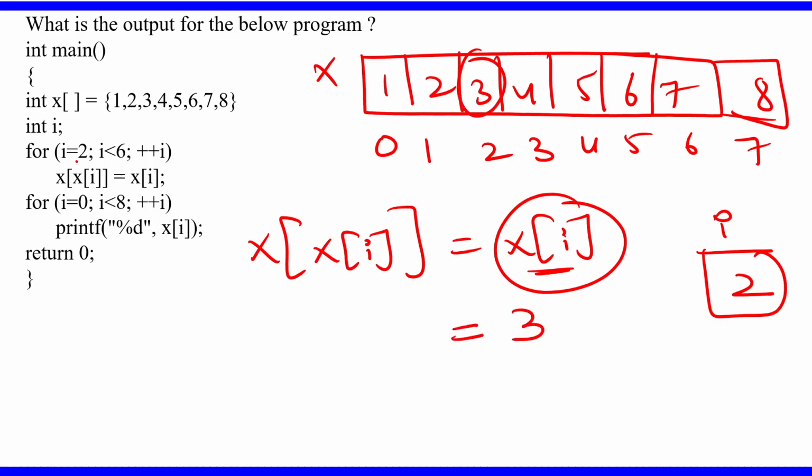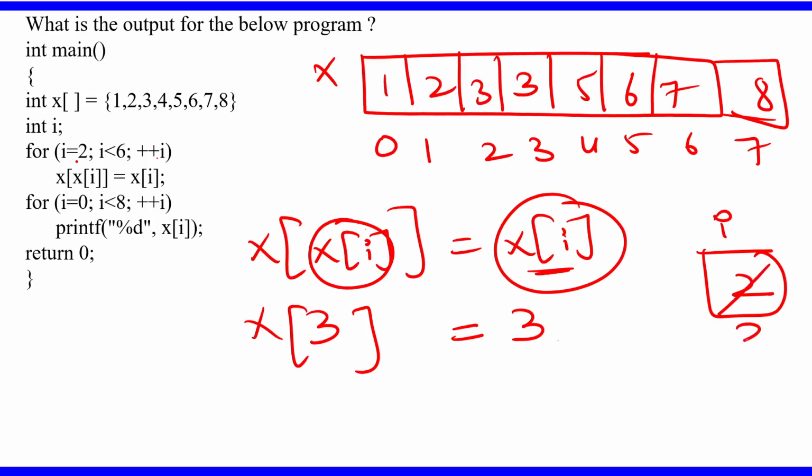I is 2, so x of I means x of 2 means 3. So x of 3 equal to 3, you have to do. Because of this, 4 will become 3. First loop over. Next I plus plus, so I becomes 3.